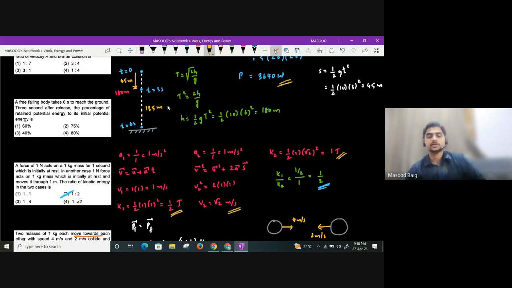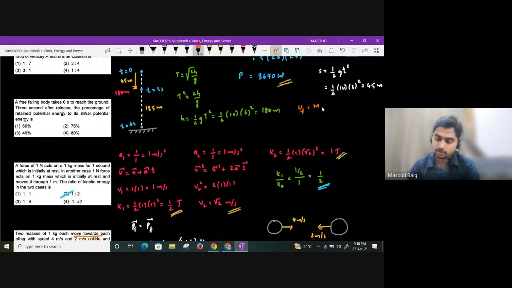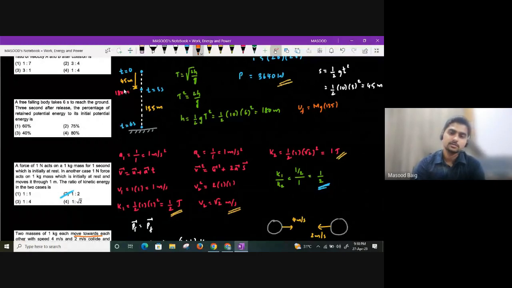They're asking us to find the percentage of retained potential energy relative to its initial energy. So what is the final energy here? Final energy will be m into g into 135, or I can say 45 is how many parts of 180? 1/4 part or not, guys? So how much will be retained? 3/4 will be retained. Directly I can use this. So 75% of the energy we can consider will be retained.